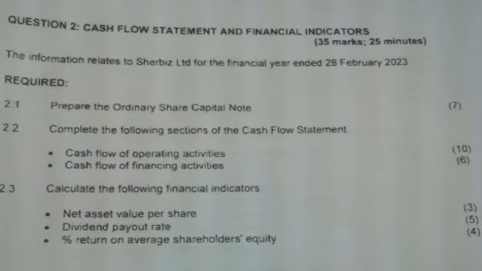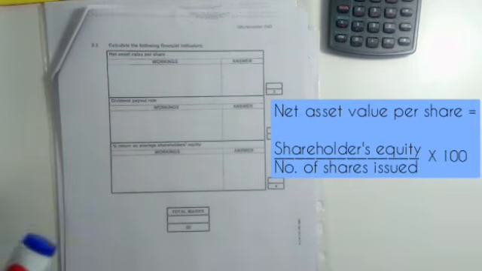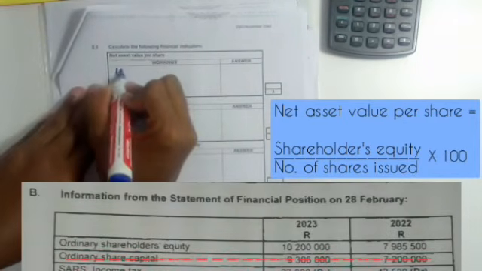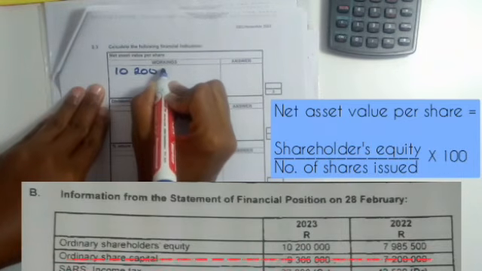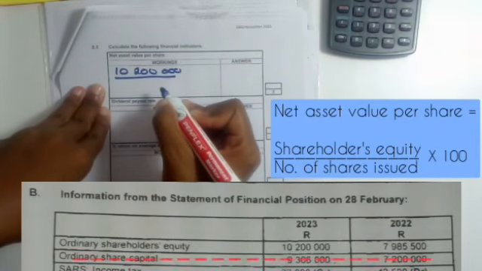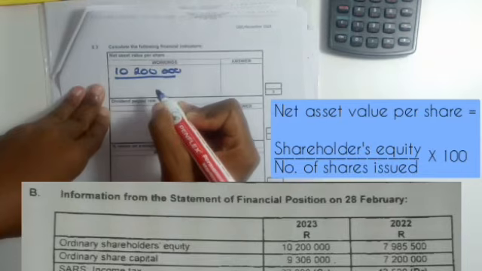Our last requirement is the calculation of financial indicators. So we are going to first start with the net asset value per share. The net asset value per share, if you don't know your formula, is shareholders' equity over the number of shares issued. So we are looking for shareholders' equity of this year. You are going to find this in your information B. You're going to look at ordinary share equities, the first line item, and that first line item is 10,200,000, and you are going to divide it by the number of shares that were in issue at the end of this financial year.